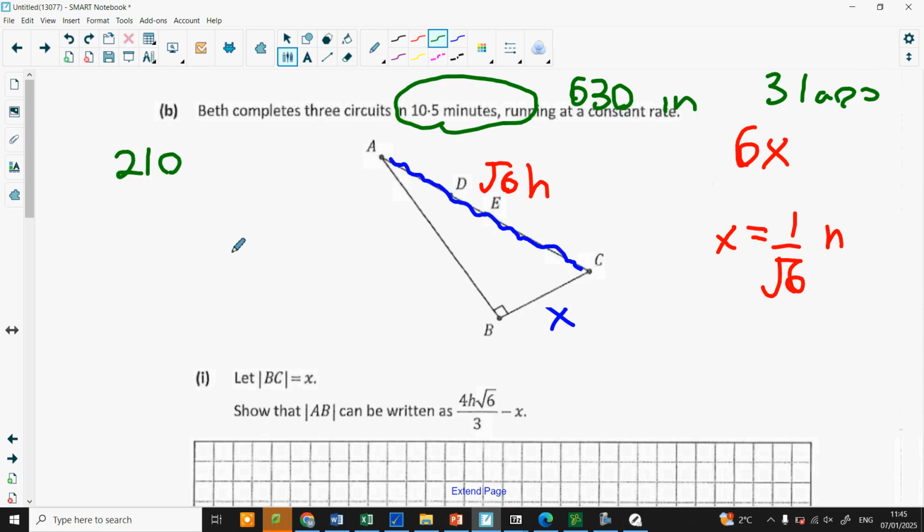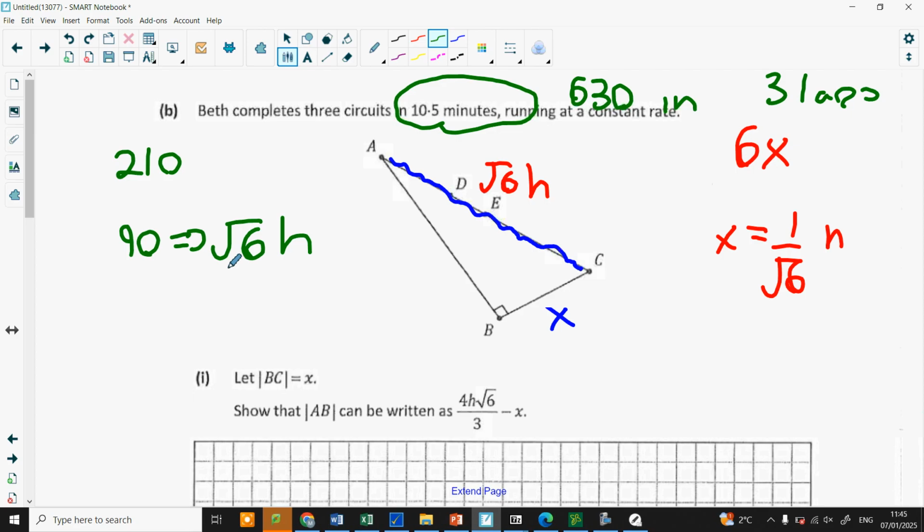How much is it in 1 lap? 210, all right? Okay, so 210. How long did it take to run this one? 90. So it took 90 seconds to get your root 6 H done, didn't it?